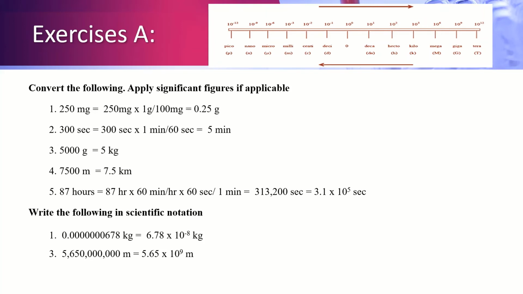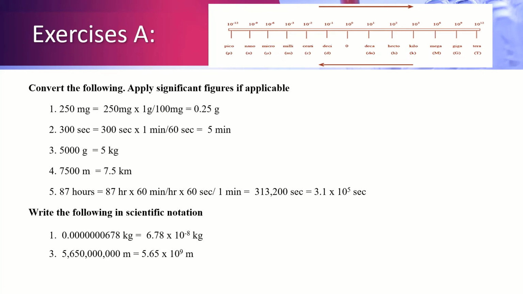The third exercise is a huge number. It is 5,650,000,000 meters. To write the scientific notation, again you have to consider only one whole number and the number of significant figures. So, to write the scientific notation, it is 5.65.